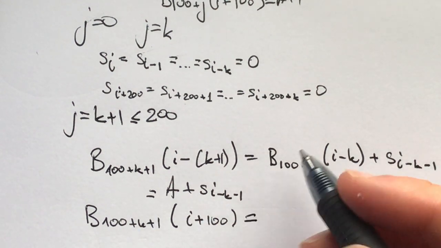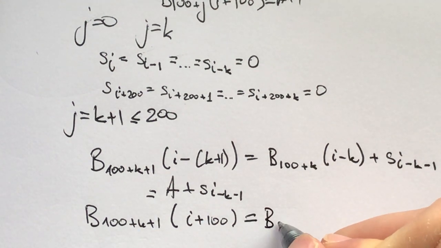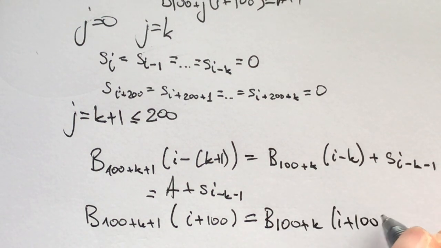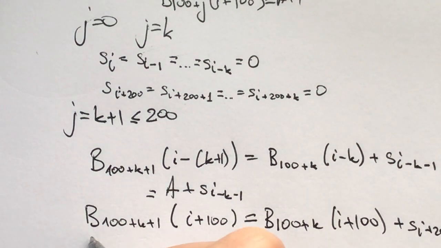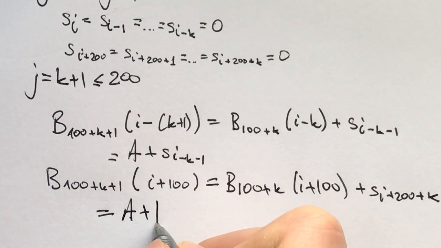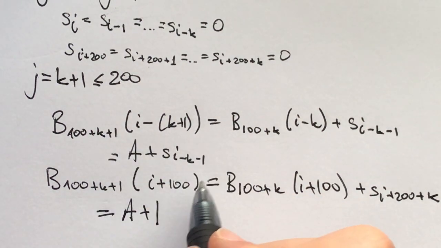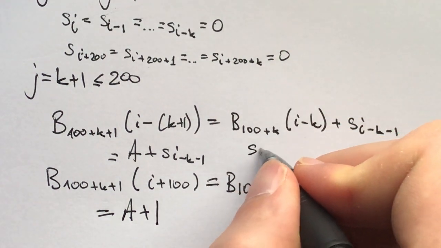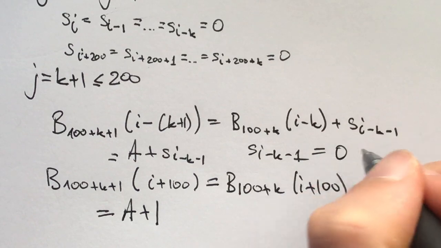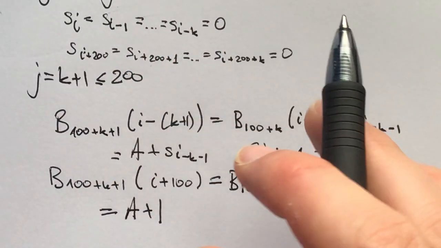Well, not an inductive hypothesis, but just using this plus s_{i+200+k}, and this right here is going to be equaling a plus 1. And now, if these two things are not equal, then we have s_{i-1-k} is going to be 0. And we prove a similar thing with the other one.